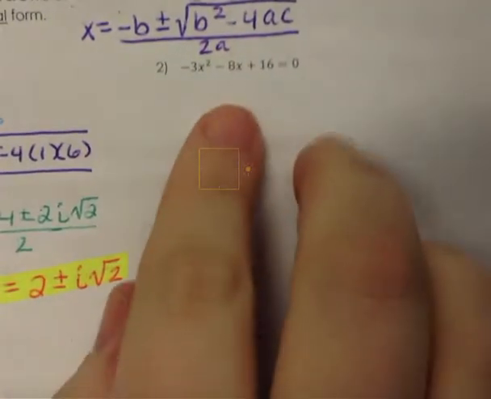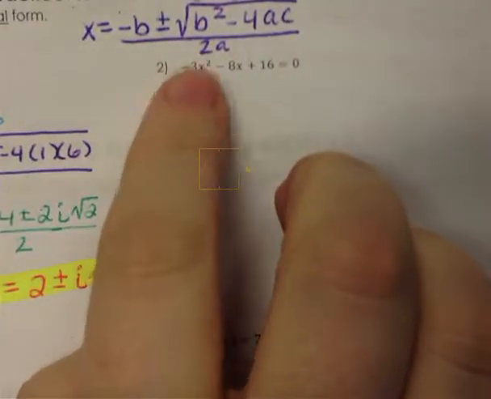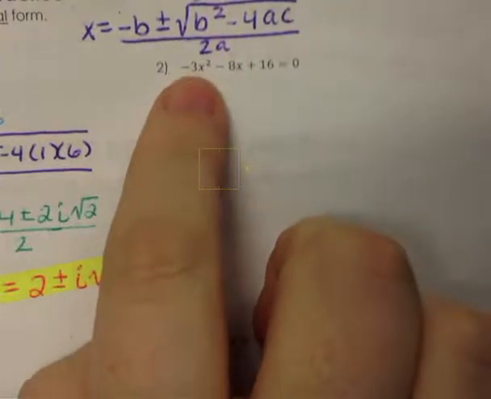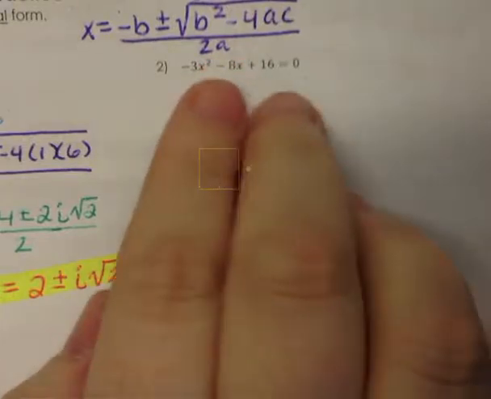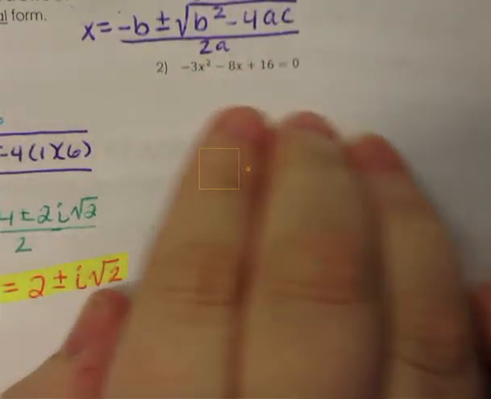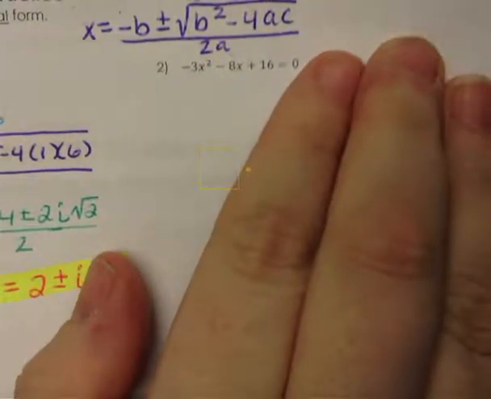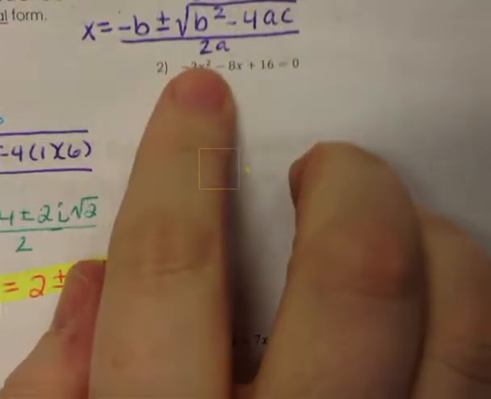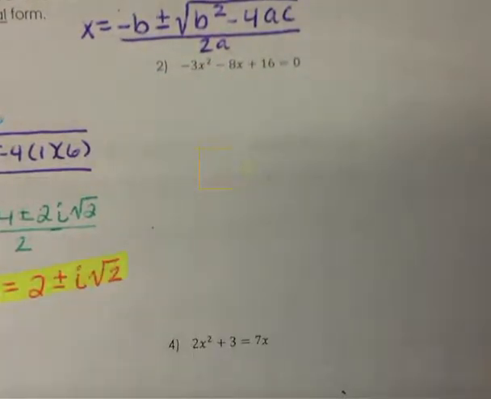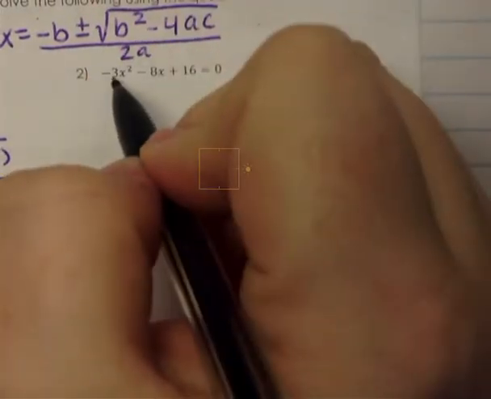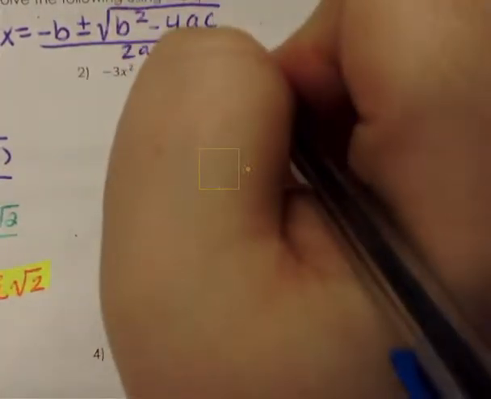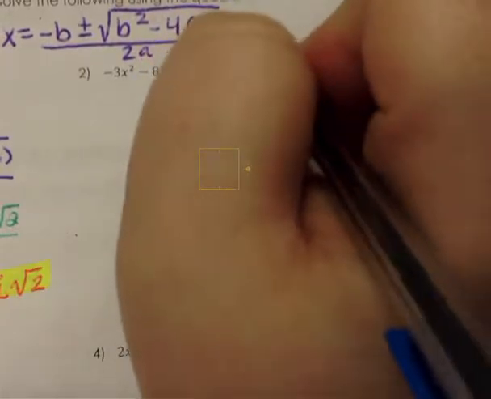Example 2, we need to have this in standard form. Our a value is negative, which we don't really want to happen, so we want to change this. If we move all of this to the other side of the equal sign, then we would have our a value positive. So let's put this into standard form with a being positive. If we add this over, we would have positive 3x squared.